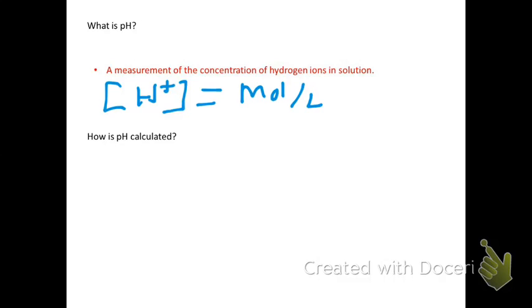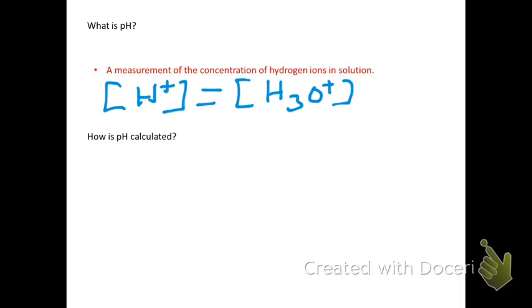You can also substitute the fact that the H plus concentration is equal to the hydronium ion concentration. Remember that in reality the hydronium ion is the true nature of the acid over the H plus, but you can use either one interchangeably.